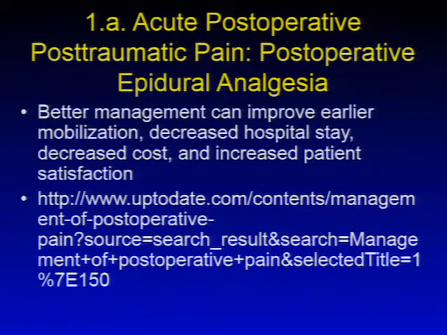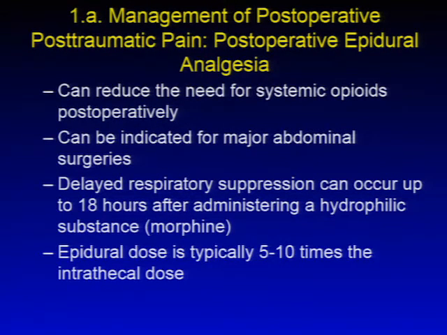I've left some references there to show where I've gotten a lot of the information; the UpToDate chapter has been very helpful in summarizing these things. The management of postoperative epidural analgesia is advantageous because it may reduce the need for systemic opioids postoperatively.